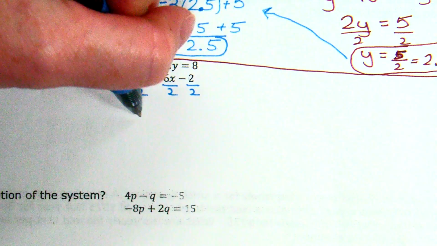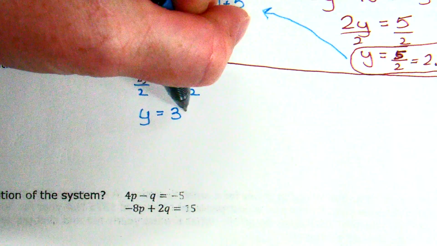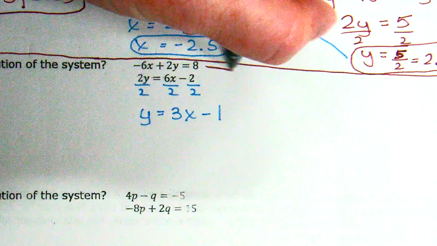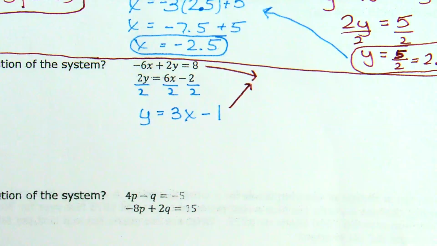So it becomes y equals 3x minus 1. And substitute into the other equation, right?